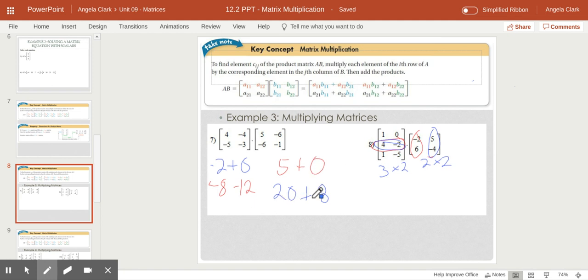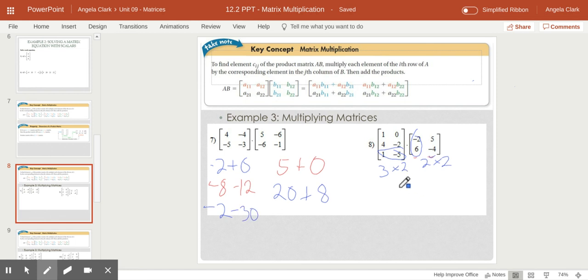And then now we can go on to the third row. So third row, first column is going to be 1 times -2 is just -2, plus -5 times 6 is -30.